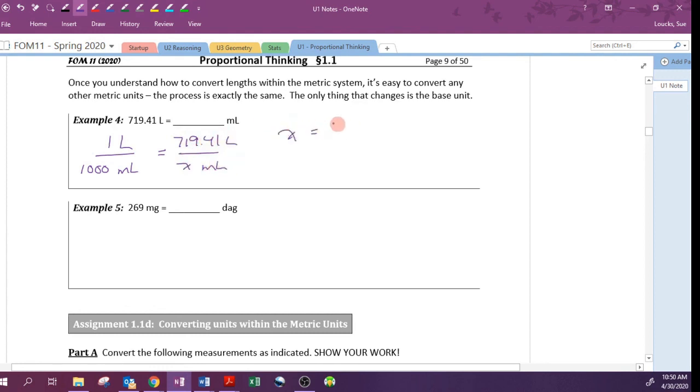So x equals 1,000 times 719.41 divided by 1. X equals 719410 milliliters.